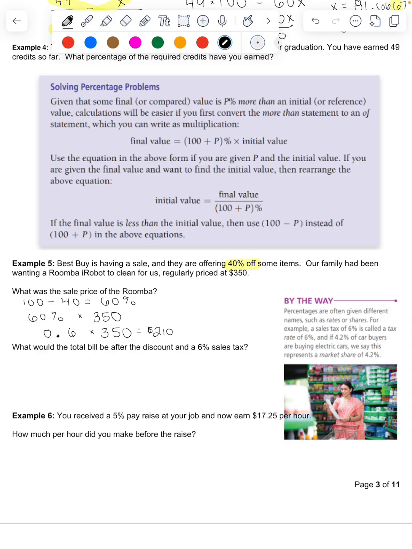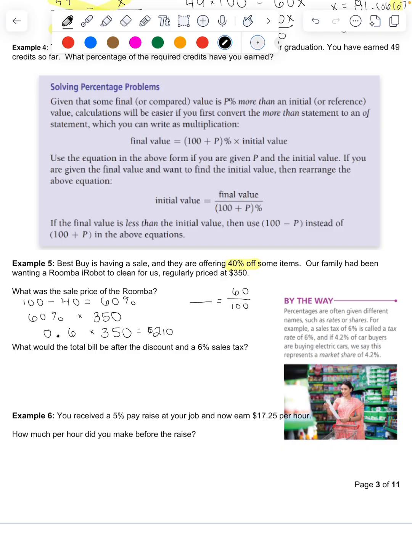Now, if you feel like it's another formula to memorize, I don't want to do that. You can still use the proportion. You cannot put 40% in there because it's 40% off. So step one is to get the correct percent, which is the 60%. Once you get the 60%, we still set it up the same way, 60 over 100.